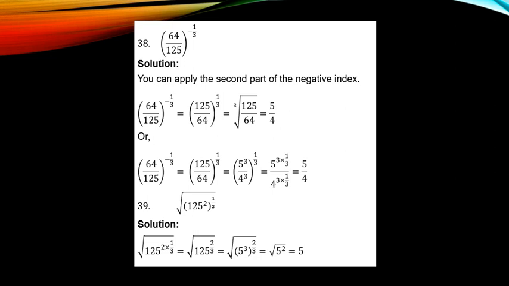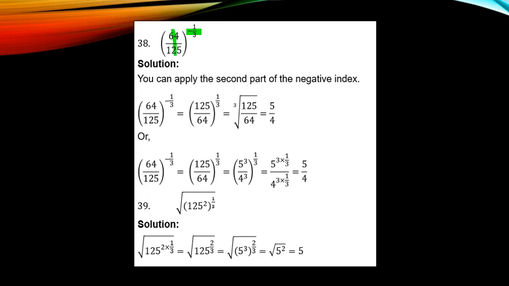Example 38. You should simplify, bracket open, 64 over 125, bracket close, to the power of minus 1 over 3. This is the second version of the negative index. When you have a fraction raised to the power of a negative number, here minus 1 over 3, what we'll do is to do away with the minus sign.